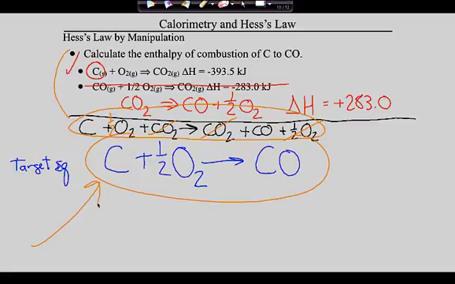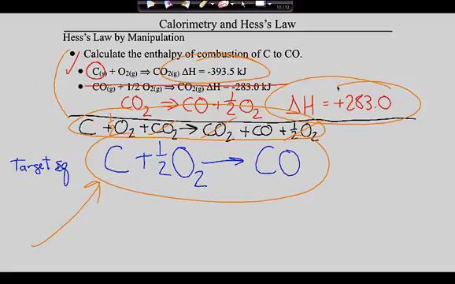Now what does Hess's law say? If the reactions add up, guess what else adds up? The numbers. So if we take the energy of this reaction and the energy of this reaction and add them together, it will give us the energy of our target reaction.